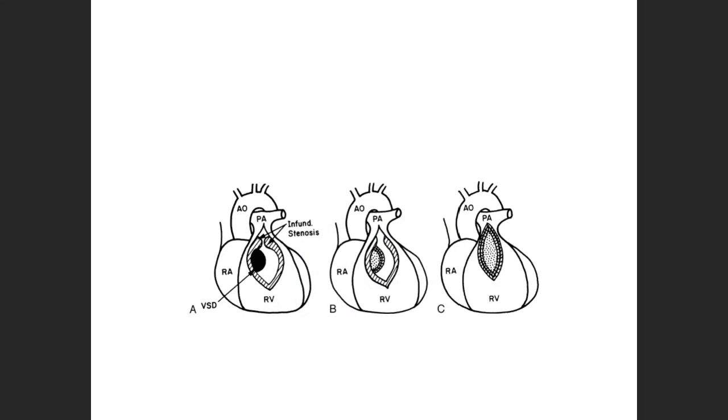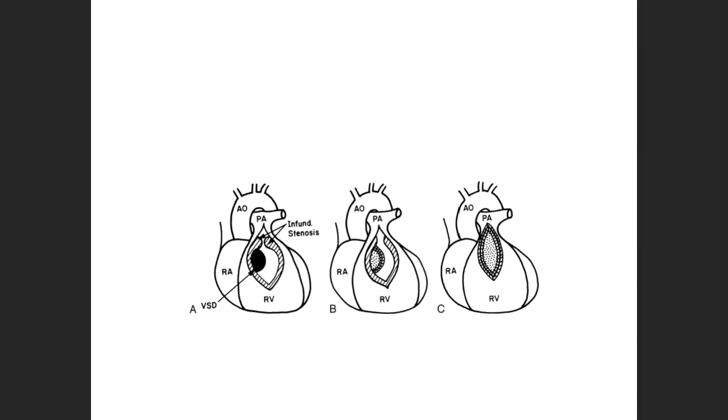Total correction, if we look at these three pictures here, in A, there has been an incision into the right ventricle and outflow tract.